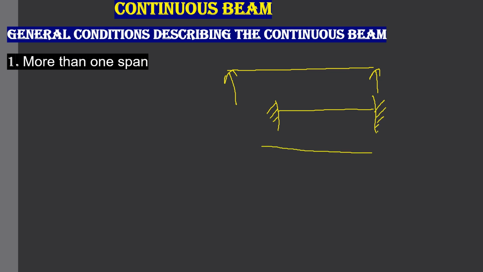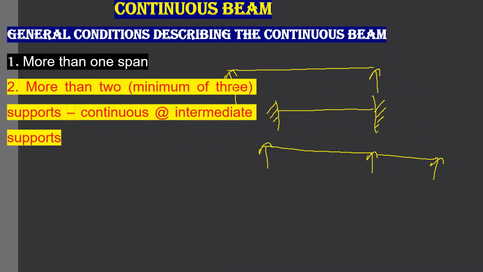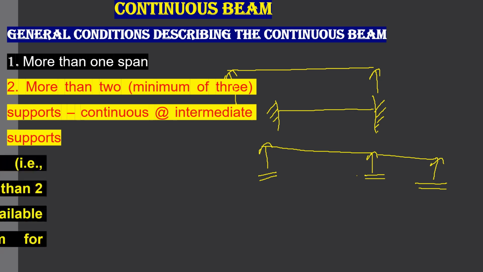But when it has more than one span, we call it a continuous beam. The second condition is it should have more than two supports. Number 1, 2, 3. So you should have at least 3 supports to define a continuous beam.